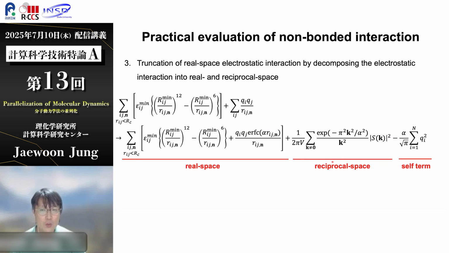And for reciprocal space interaction, here we make use of fast Fourier transformation. And the long range interaction in real space becomes the short range interaction in reciprocal space. So we can describe even the very long range interaction using this reciprocal space interaction term.